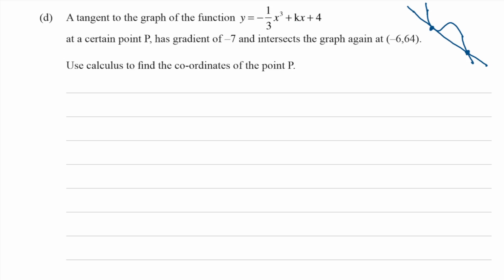So they have given us that this point lies on the graph as well as the tangent line. So this x and this y point lies on the graph, which means we can substitute the x value in for x, the y value in for y, and solve for k.